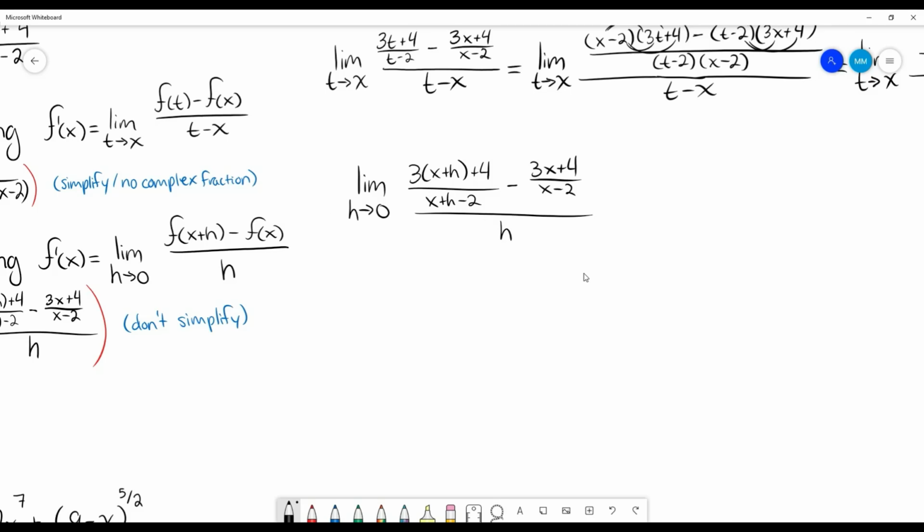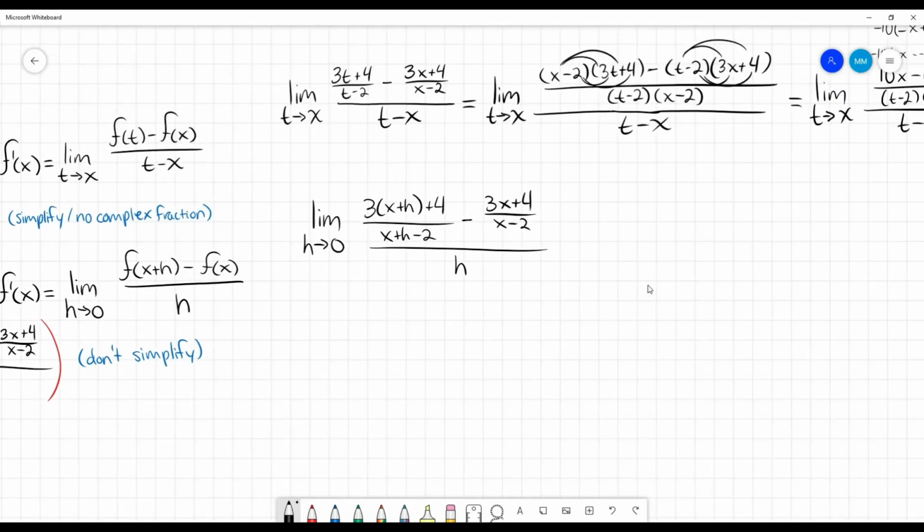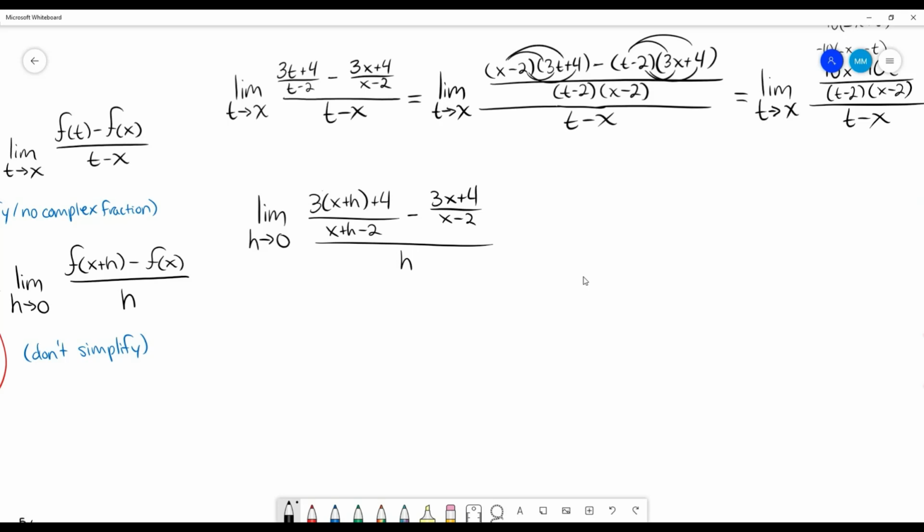So once again, just like with our other definition, I want us to combine these fractions. This one's a little bit uglier because we've got so much more happening. Before I combine those, I'm going to distribute that out, so that turns into a 3x plus 3h plus 4.